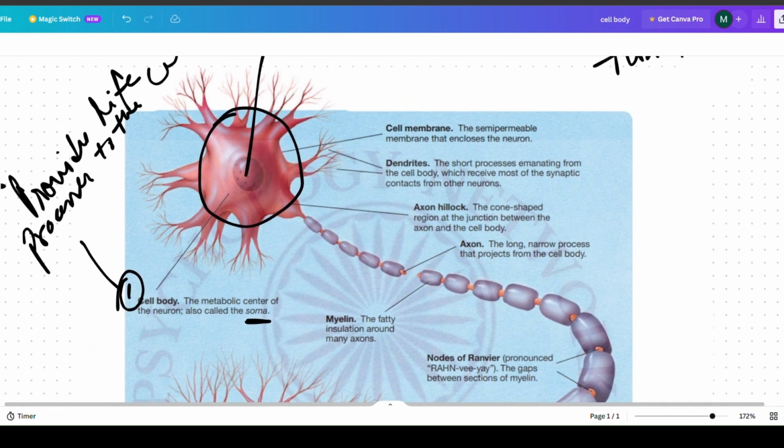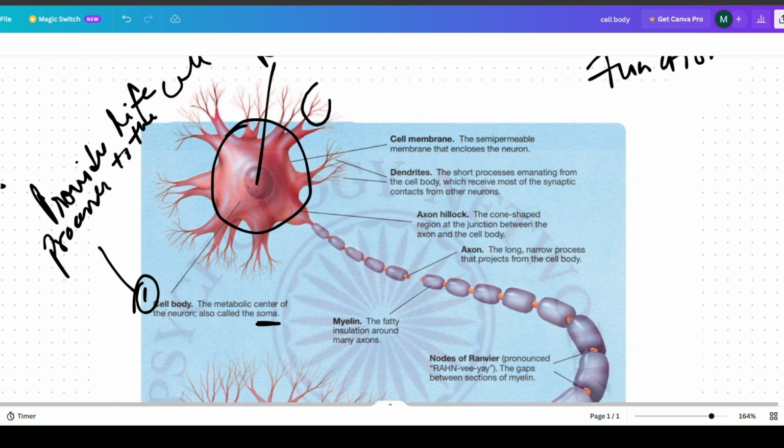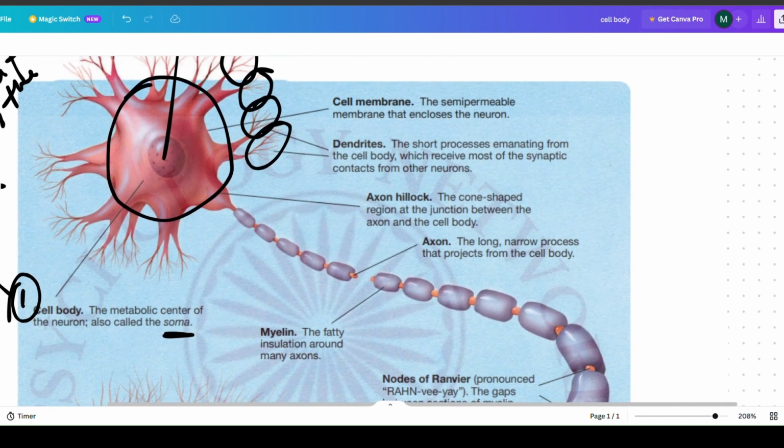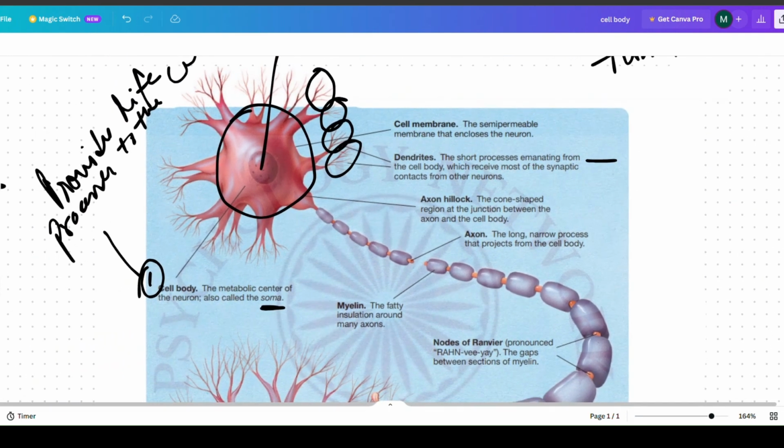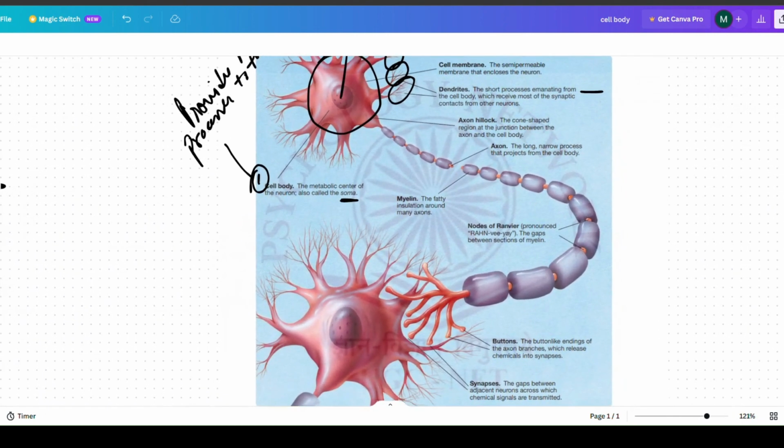Next, we will be talking about the dendrites. This fibrous tree-like structure we see, these are the dendrites. What is the work of dendrites? These are the recipients of messages. Suppose this is cell number 1 and this is cell number 2. One cell sends a message to the other cell.